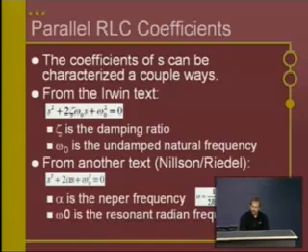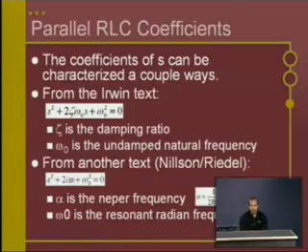My circuits teacher always just called the zeta squiggle. But when you dig into the textbook, zeta is the damping ratio, and omega naught is the undamped natural frequency, or the resonant radian frequency. It'll show up a lot again in a couple of chapters.